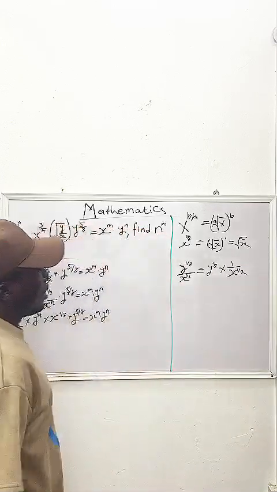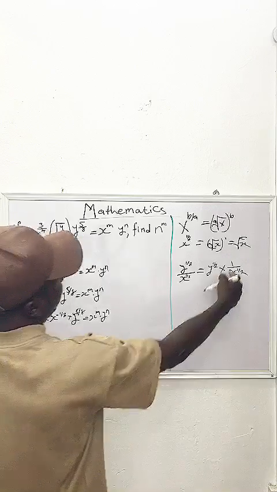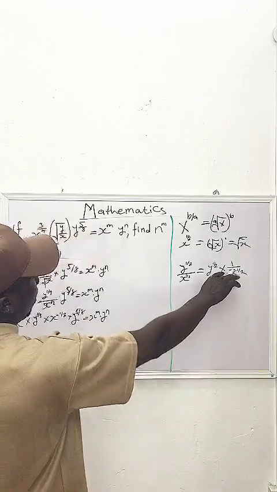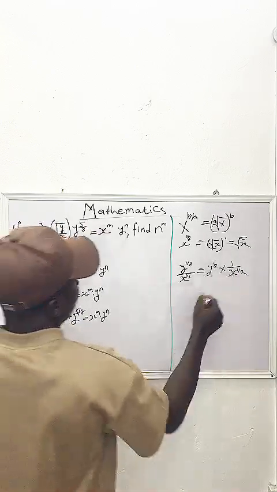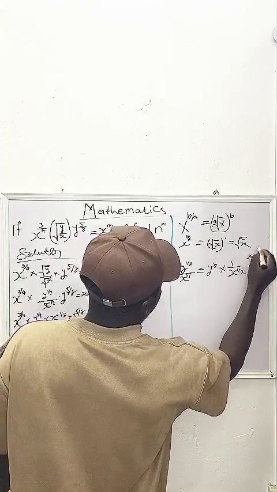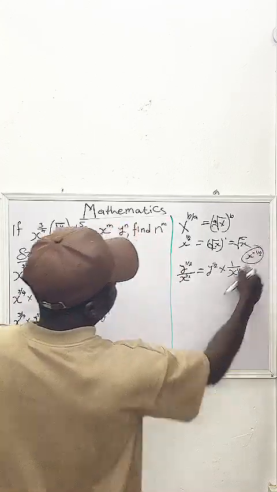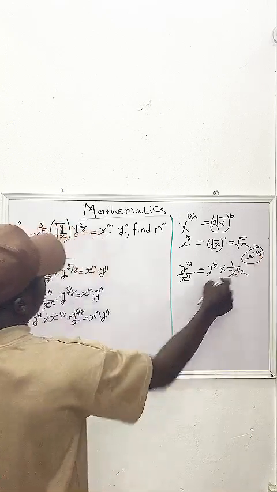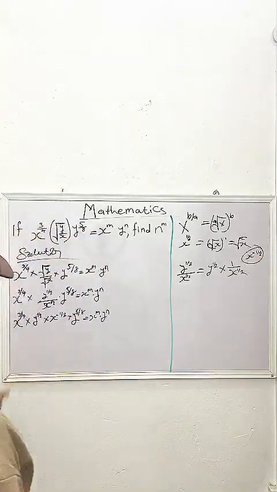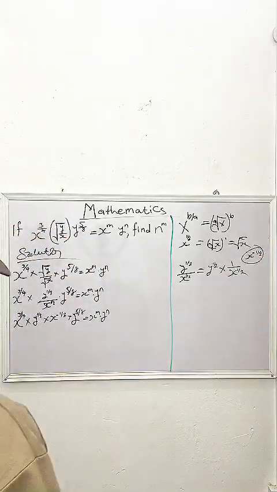To clear this fraction, I introduce a negative power, which shows the inverse of what I have here. The next thing to do is to rearrange.